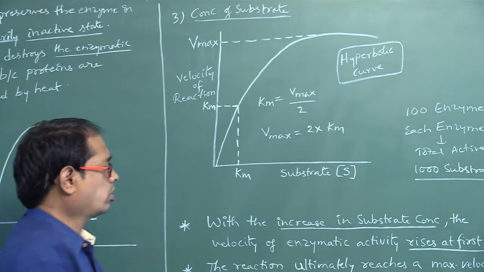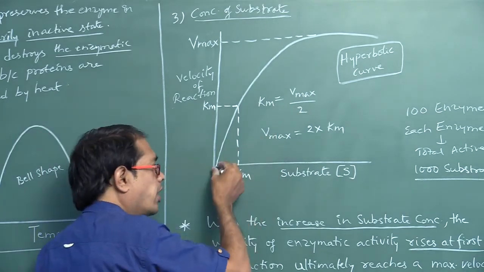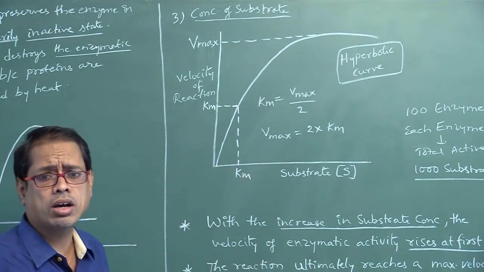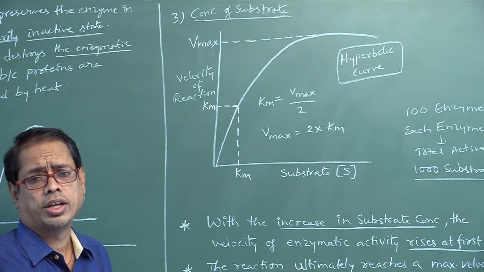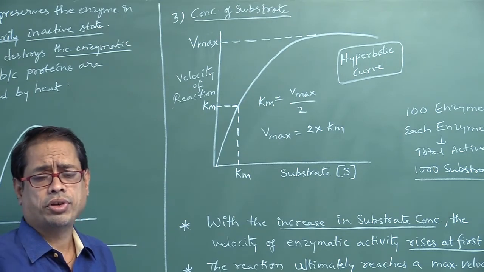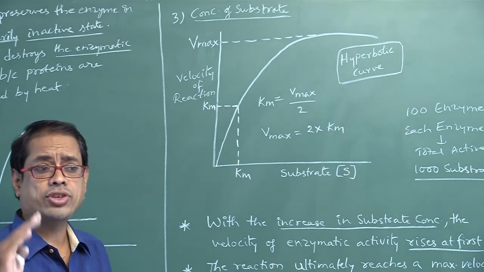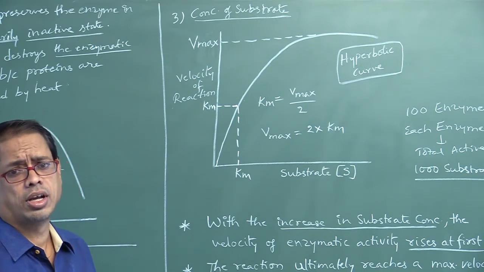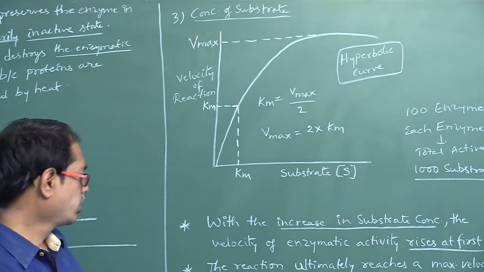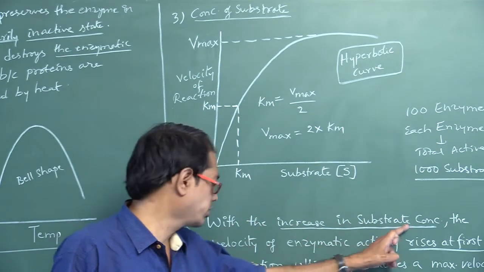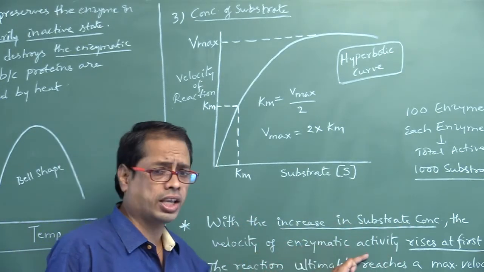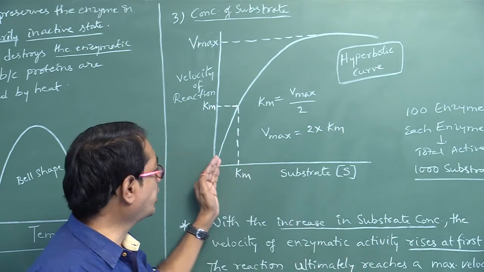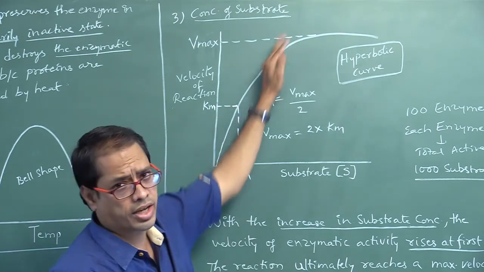So as the substrate increases, the velocity of the reaction also increases at first, and after saturation of all active sites of the enzyme, it remains constant. Enzyme molecules are fewer than the substrates. With the increase in substrate concentration, the velocity of enzymatic activity rises at first.